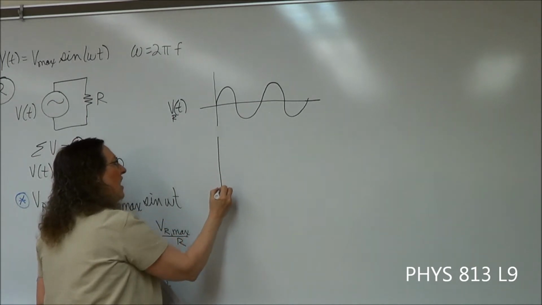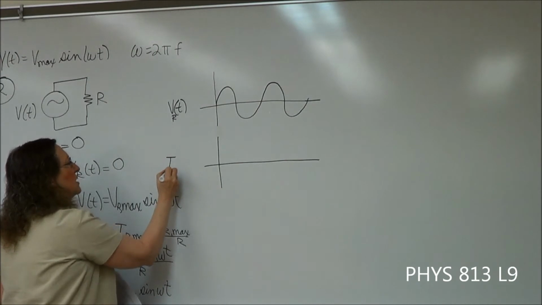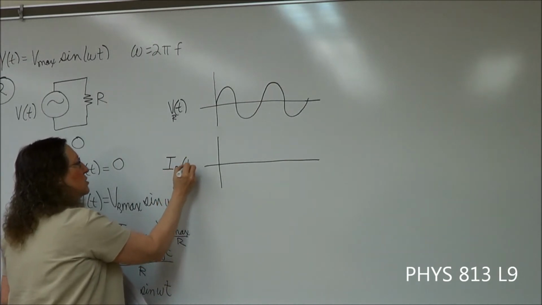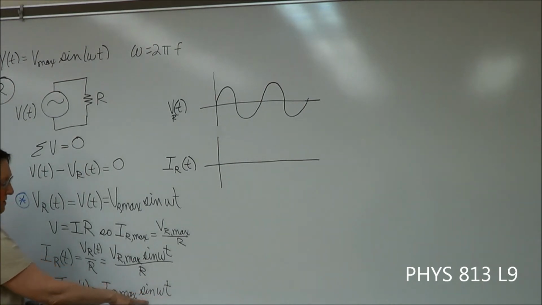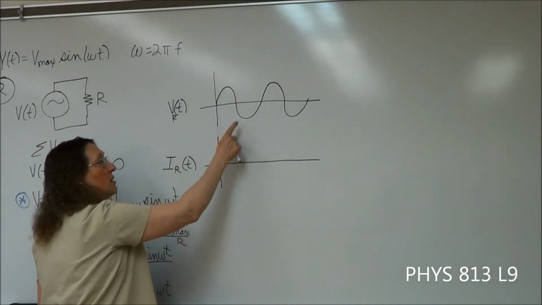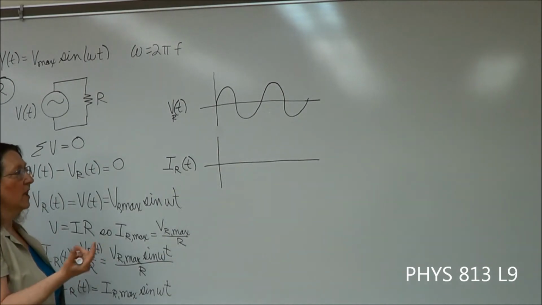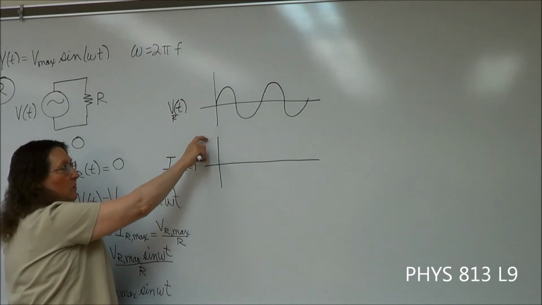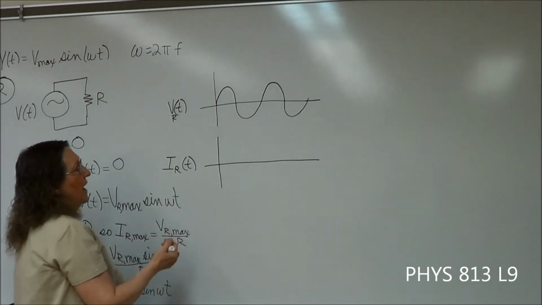Okay, so now I'm going to draw my current graph. So this is current through the resistor, and we look at our current equation, and it is also a sine wave, so starting at t equals 0, this is 0, and it will match our voltage equation in form. Now the numbers on the axes would be different, but the form is what will match.